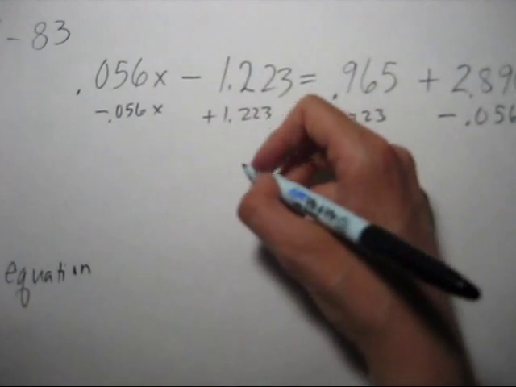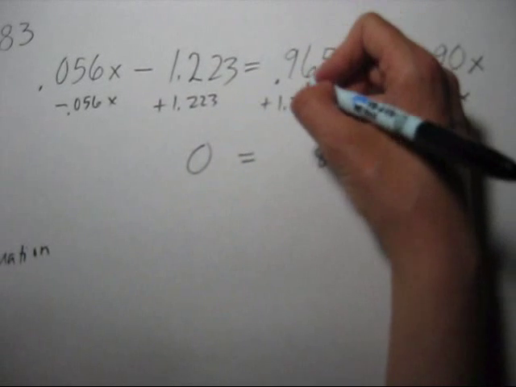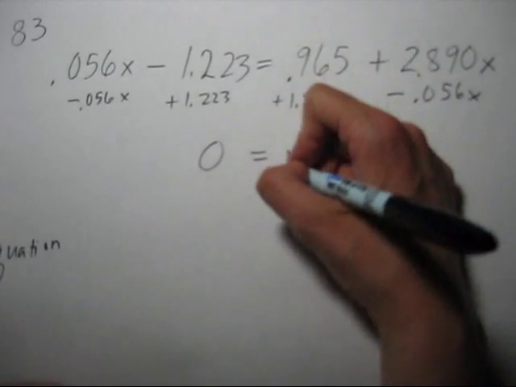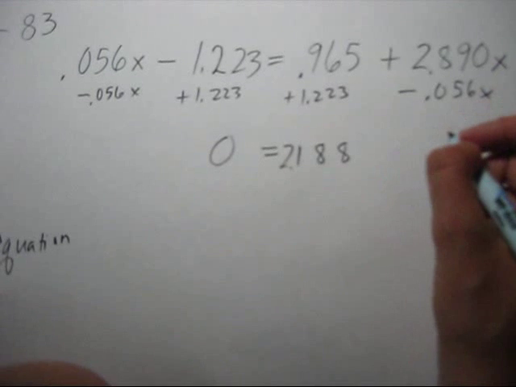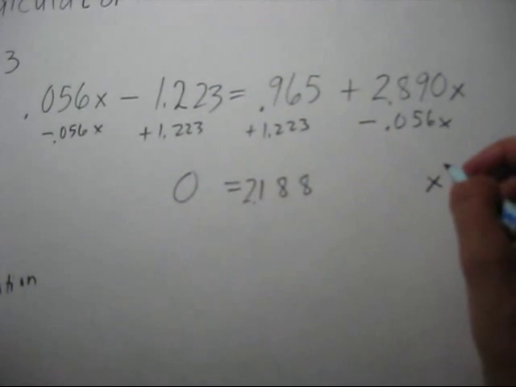Okay, so this will become 0 equals, I happen to like to do math in my head, so 2.188, and then that might be tricky.